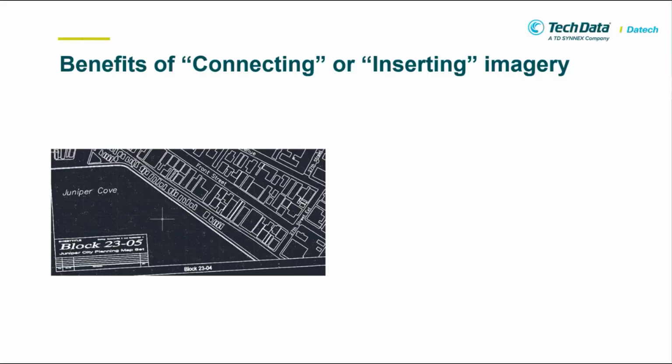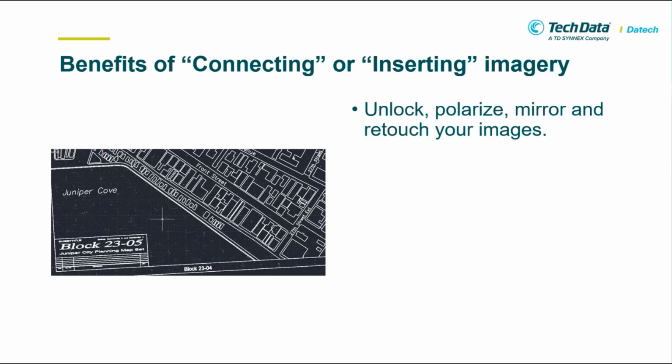And the benefits of connecting and inserting the imagery are totally different, where you are able to polarize or mirror or even retouch your images. So if there are any damaged or not properly recognized features, you can make use of AutoCAD commands on the raster primitives and also easily erase the unwanted raster images or lines, arcs, and circles.